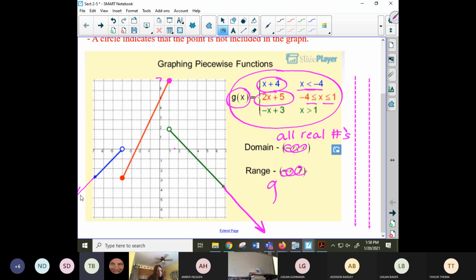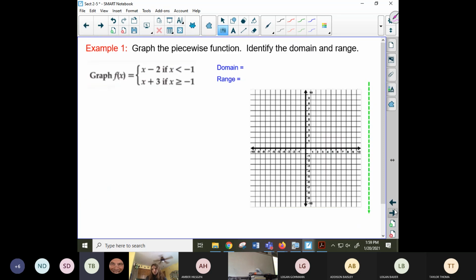You write for all g of x less than or equal to 7. The reason it's equal is because this is a closed dot. If it was an open dot, it would just be y is less than 7. Okay, that will be a little bit hard, but we'll go over many examples like that.